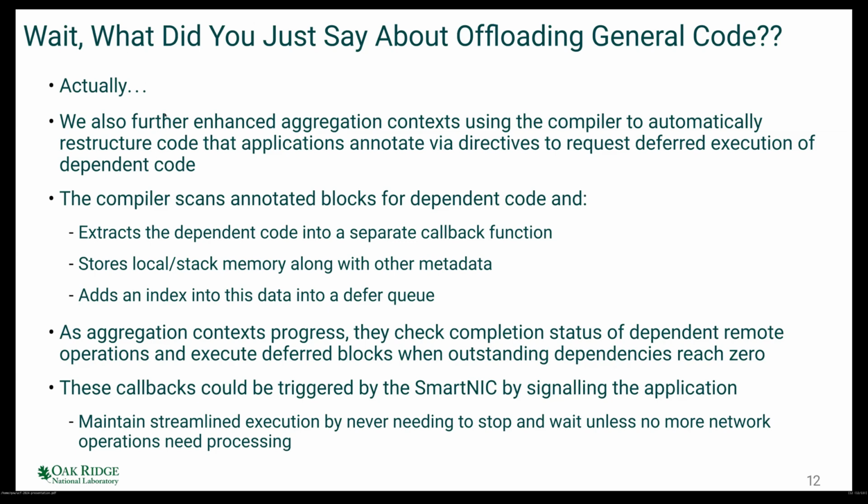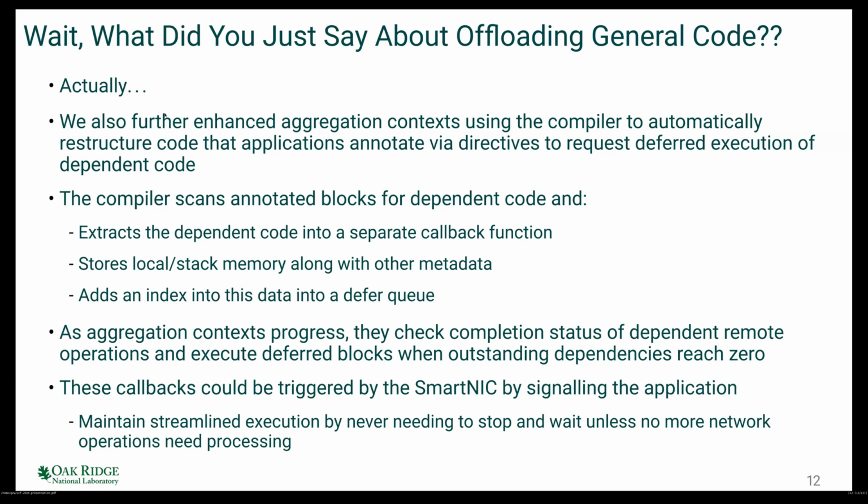At that point the compiler can scan those blocks, extract the code into separate callbacks, and manage local stack memory so that it can refer to it and call it back later. And then it adds it into a separate defer queue.